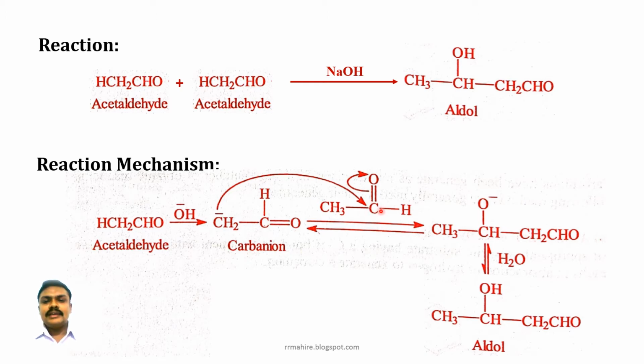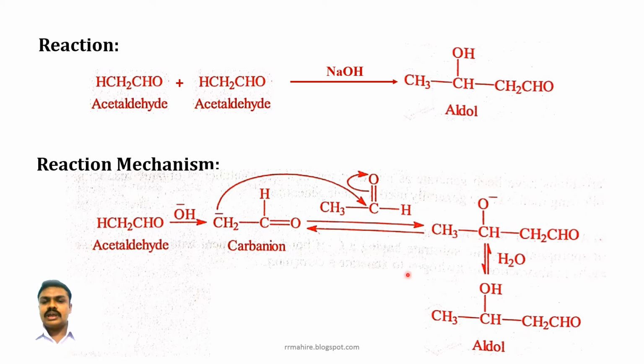By the attack, the charge is shifted to the oxygen of the other aldehyde and this oxygen becomes negatively charged. Oxygen is already an electronegative element, so it immediately abstracts the proton from the water molecule generated in the first step and forms a beta hydroxyaldehyde, that is nothing but the aldol.